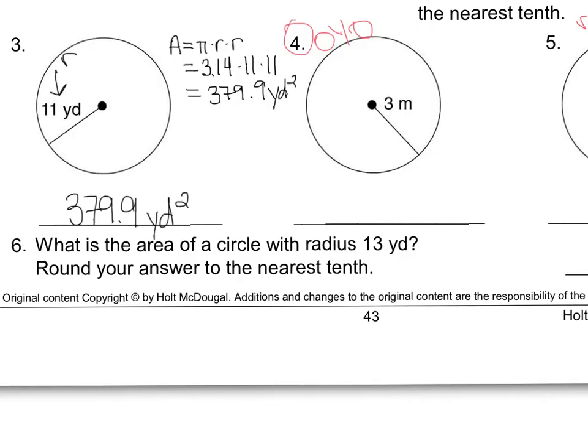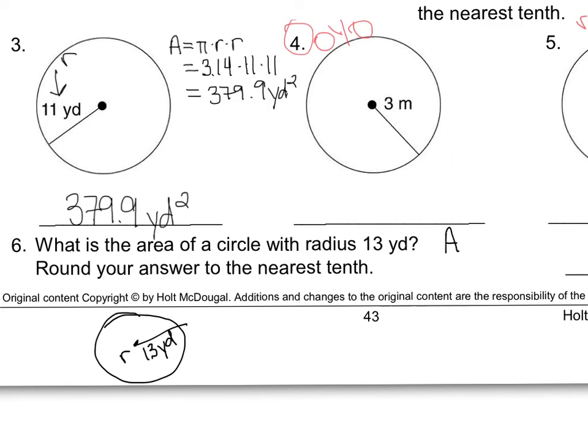Last question, number 6. What is the area of a circle with the radius of 13 yards? We don't have a picture of a circle, but we sure can draw one. It gives me the radius, which is the distance from the center of the circle to the outside edge, and that radius is 13 yards. We're going to find the area, round it to the nearest tenth.